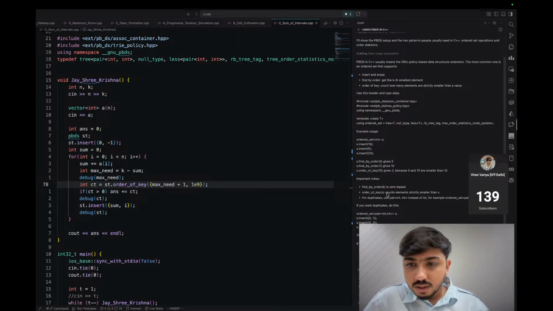It is zero based, counting elements strictly smaller than x. That is what we are doing, right?